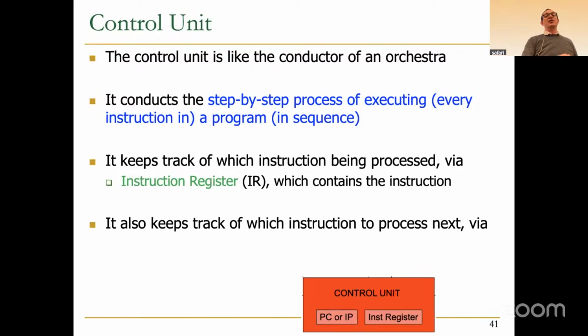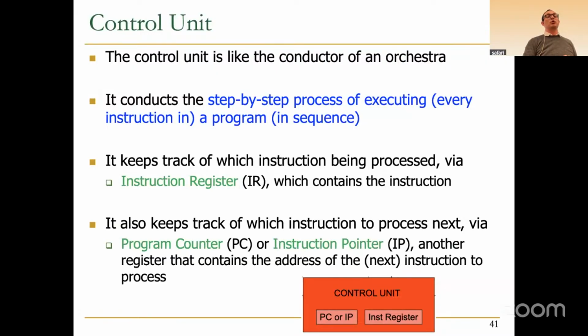It also keeps track of which instruction to process next via the program counter. This program counter, or instruction pointer, is another register that contains the address of the next instruction to process. Does that make sense? So you start with a program counter, fetch an instruction, put it in the instruction register, and then increment the program counter.